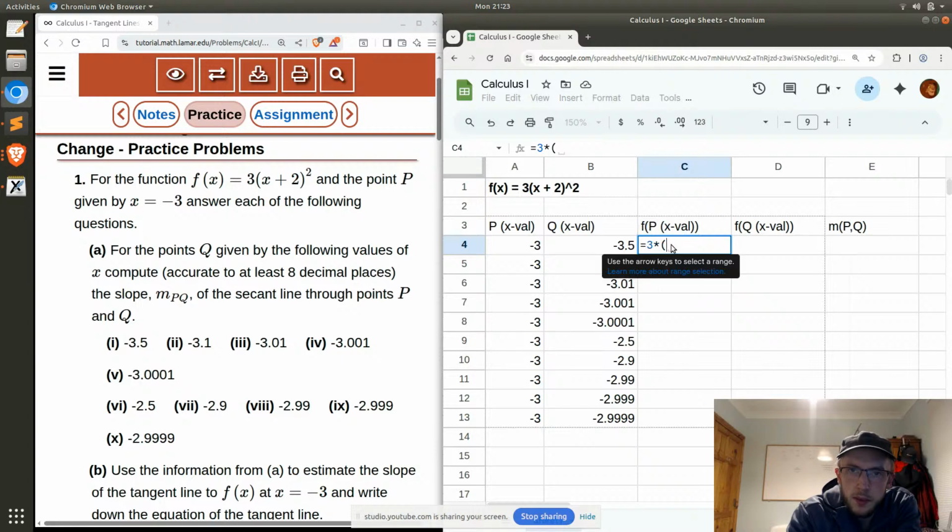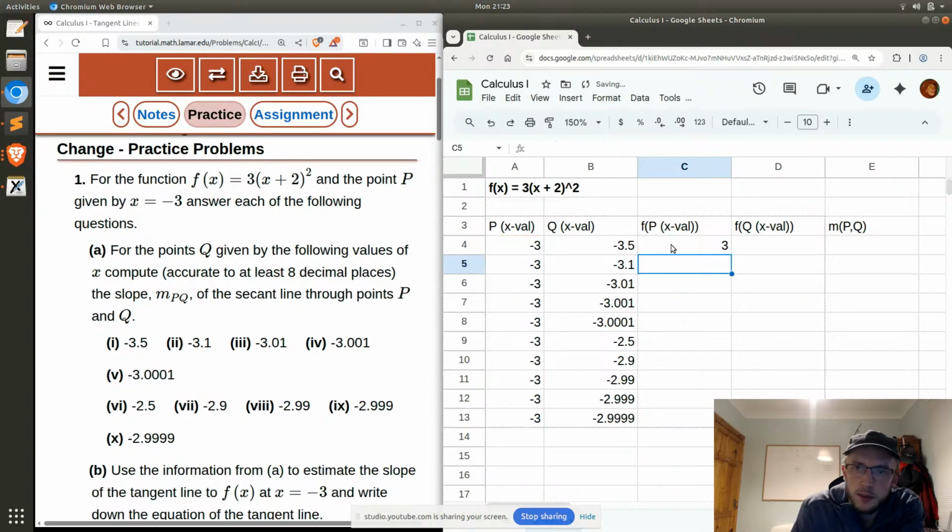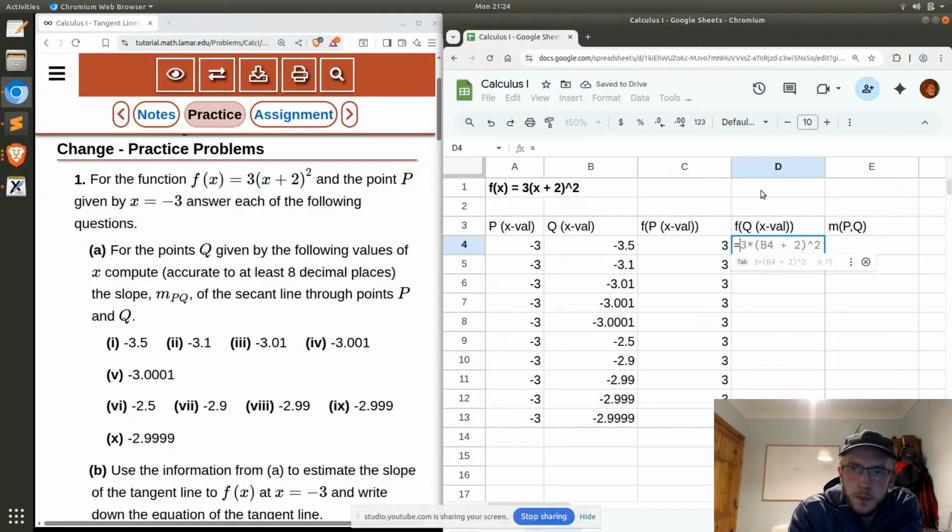Three times A4 plus 2 squared, of course. Yes, of course. Now 3 times B4 plus 2 all squared. What's the error?